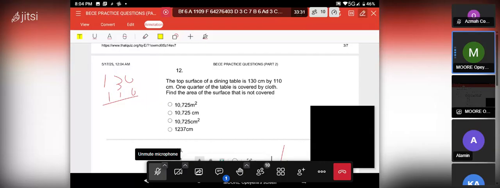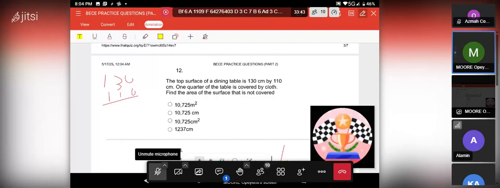130 multiplied by 110. 14,300. Okay, thank you. 14,300 is the area of the top surface of the table.